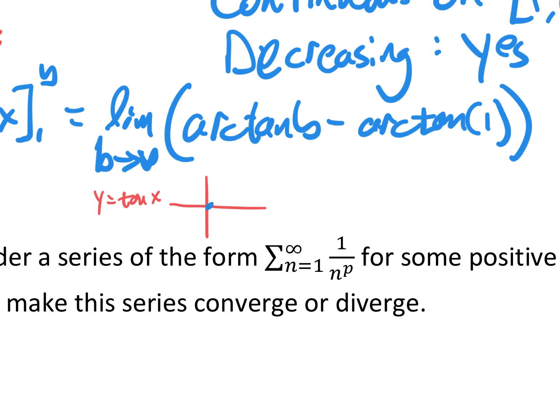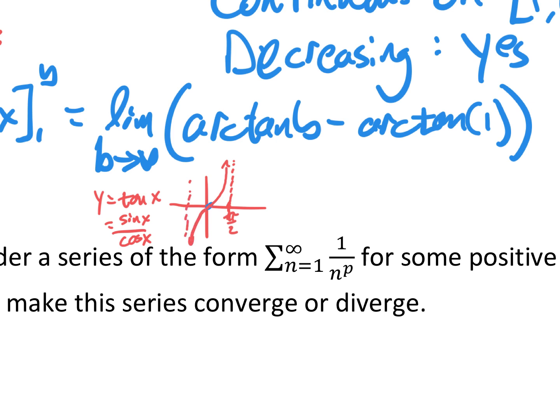Remember, tangent is sine over cosine. So at 0, our tangent is 0, because it's 0 over 1 on the unit circle. And then as we get close to pi over 2, cosine is 0. So at pi over 2, it's undefined. Okay, and so this goes up like so, and we have an asymptote. And then it comes down at negative pi over 2, it's undefined also.